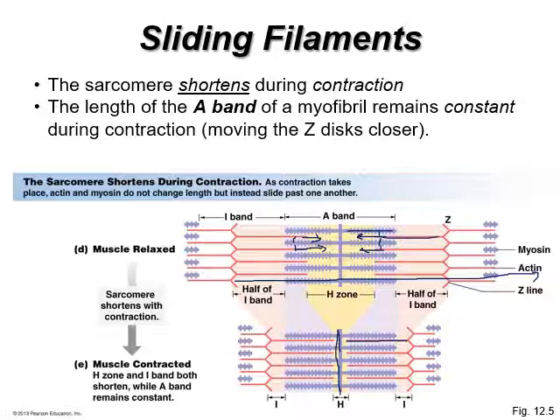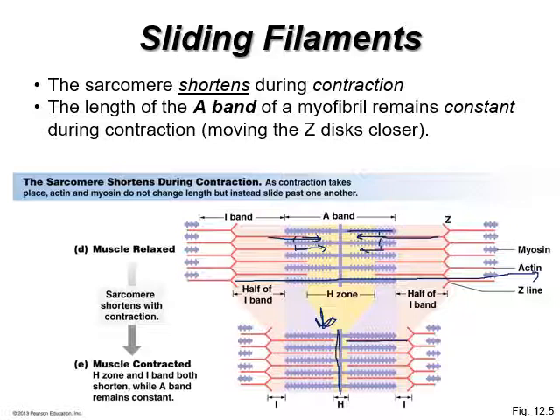So if all these sarcomeres go from this configuration down to this configuration, that muscle is going to shorten substantially, and we are going to get contraction of the muscle. This is the sliding filament theory: the thin filaments are sliding across the thick, coming closer together, and we get contraction. Again, the filaments aren't changing.